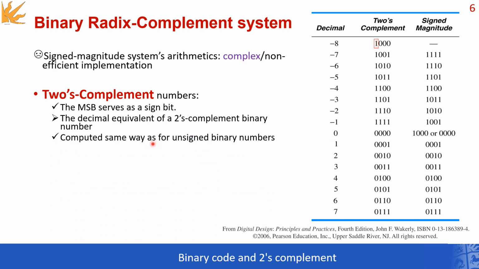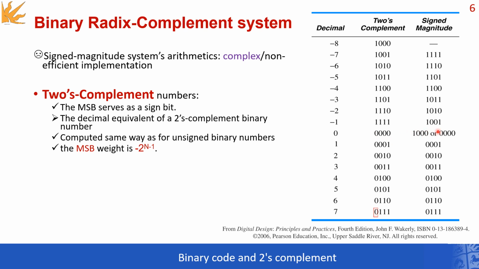In order to find the decimal equivalent of a 2's complement binary number, we compute the same way as for the unsigned binary numbers, as you can see over here in this part. And then we use the most significant bit with a weight that is equal to -2^(n-1). Now, this has implications.